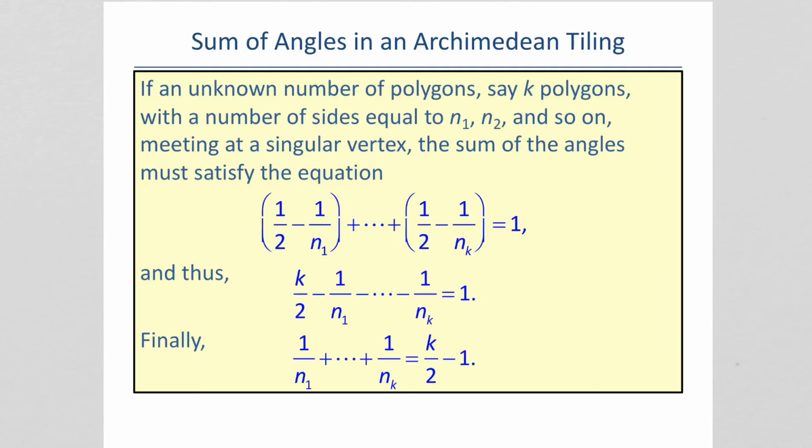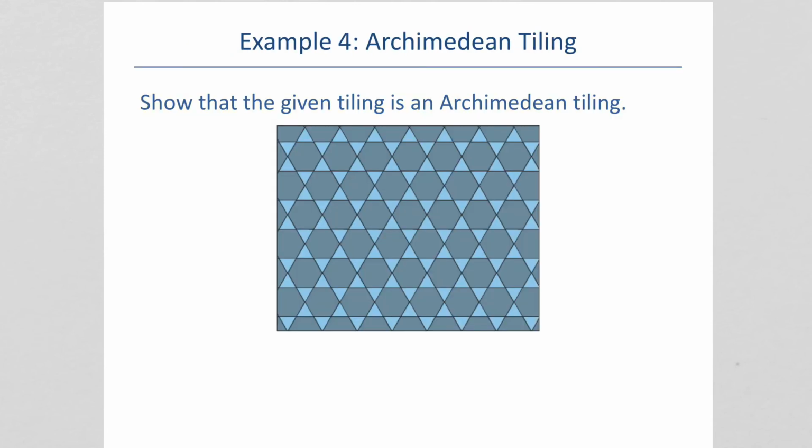It says if an unknown number of polygons, say k polygons, with a number of sides equal to n sub 1, n sub 2, n sub 3, and so on, meet at a single vertex, the angles must satisfy this equation in order for the Archimedean tiling to be a tessellation.